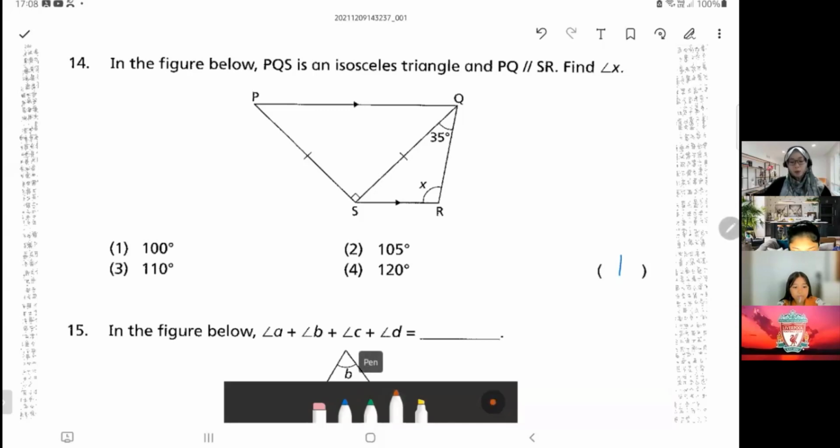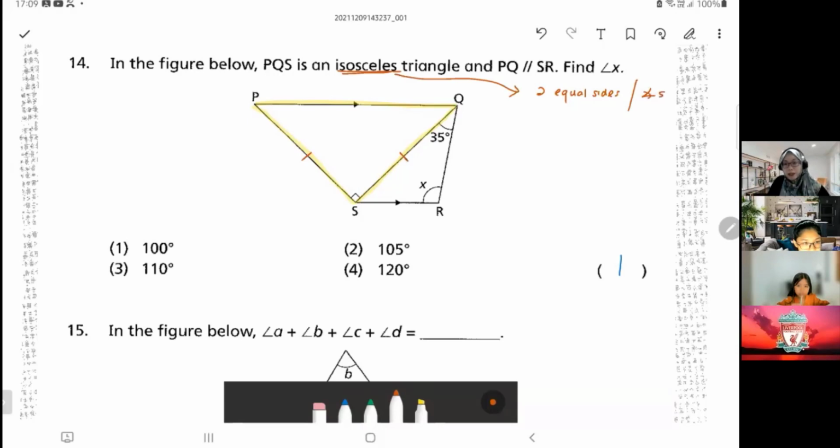Now, in the figure below, PQS is an isosceles triangle. So let's identify where is PQS. So you can see that PQS is this triangle, right? Isosceles, they are always labeled by this line. And isosceles means, for those of you who couldn't remember, it means 2 equal sides or angles.